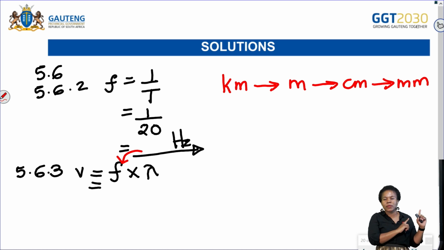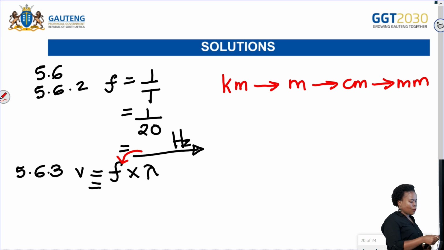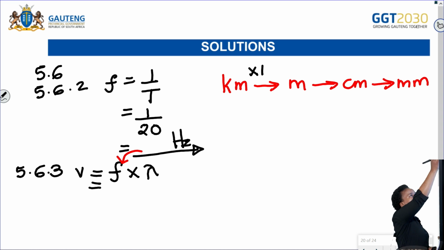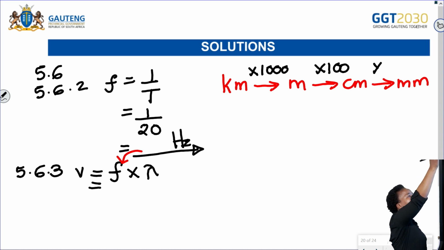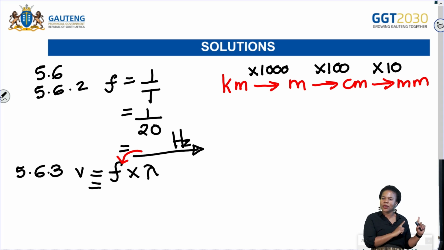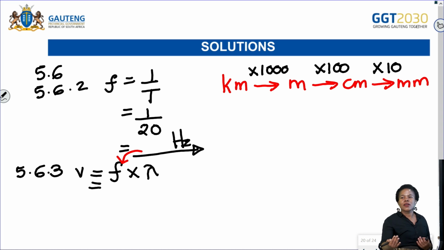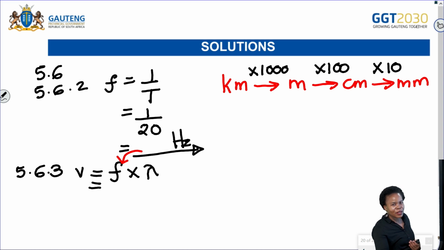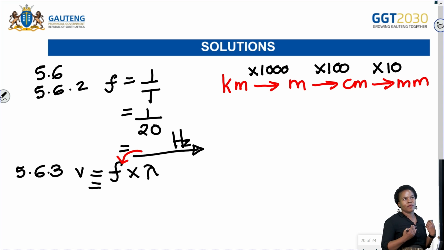When you're moving from a big unit to a small unit, kilo means 1,000, so you times by 1,000, times by 100, times by 10. Why? Because when you're moving from a bigger unit to a smaller unit, you multiply. However, when you're moving from a smaller unit to the bigger unit, you divide.